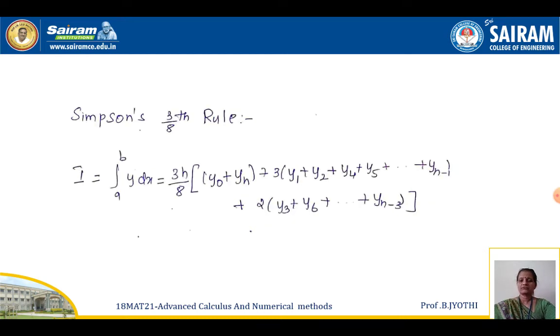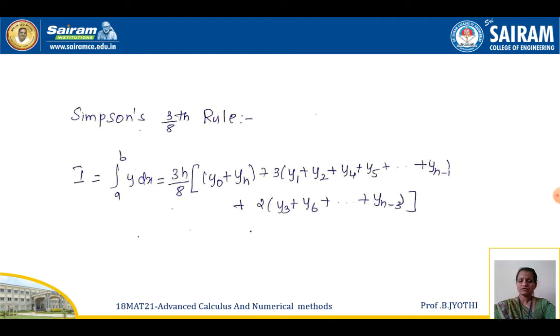Coming to the second one, I = ∫ from a to b of y dx = 3h/8 [y0 + yn + 3(y1 + y2 + y4 + y5 + ... + yn−1) + 2(y3 + y6 + ... + yn−3)].